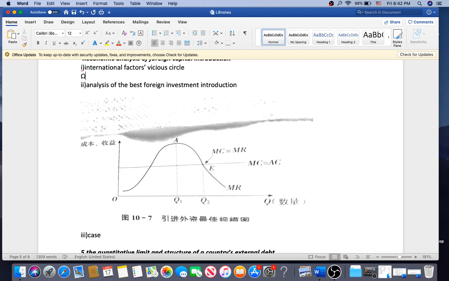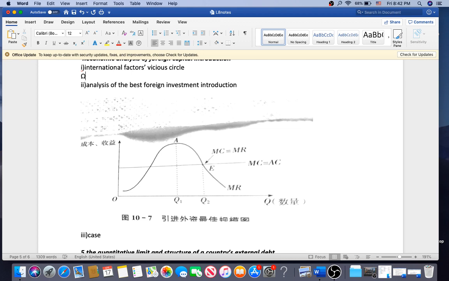You can see from this diagram that it is the point where the total benefits are the greatest. But there is also the point A, the top point of this curve, at Q1.